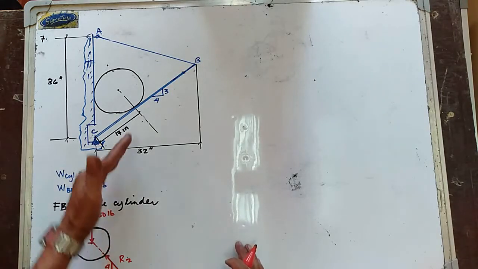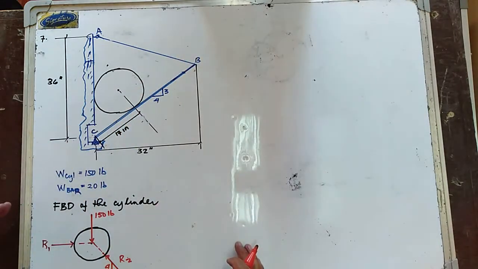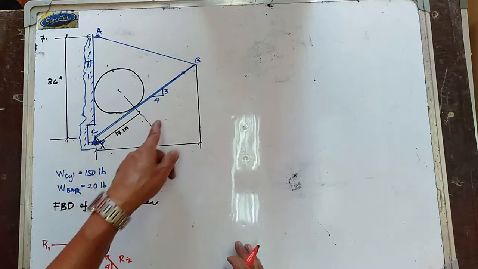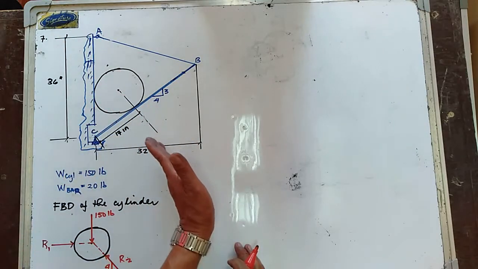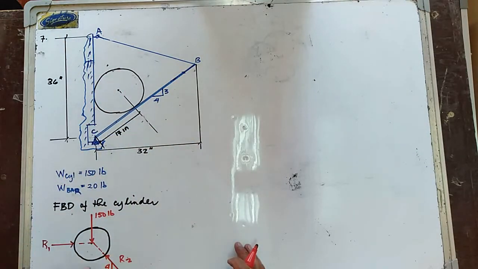Your R2 is perpendicular to the bar BC, which has slope of 3:4, and if this is the perpendicular, the slope is now 4 and 3, and this is now your 5.